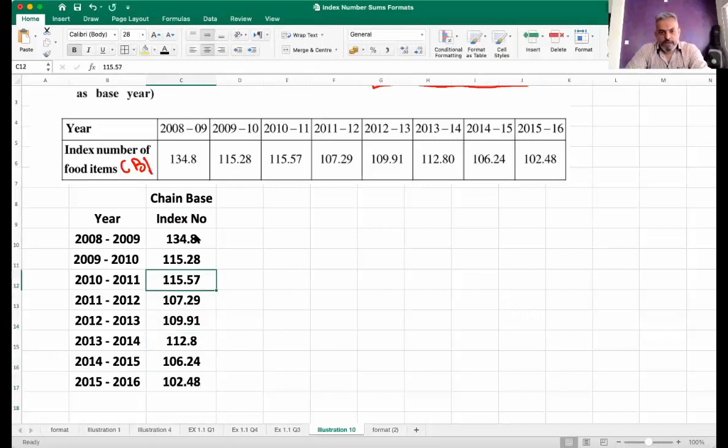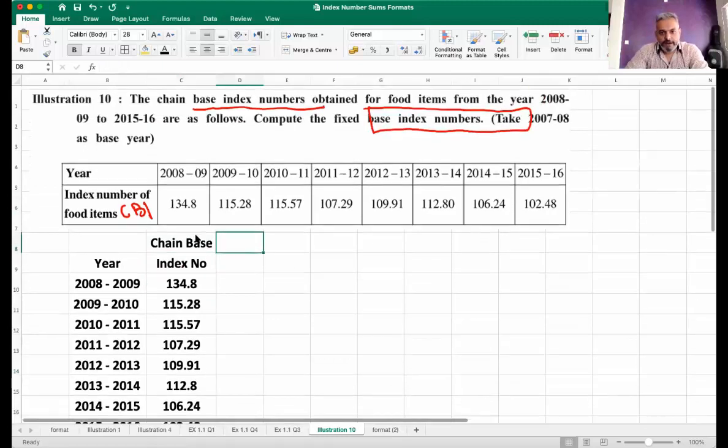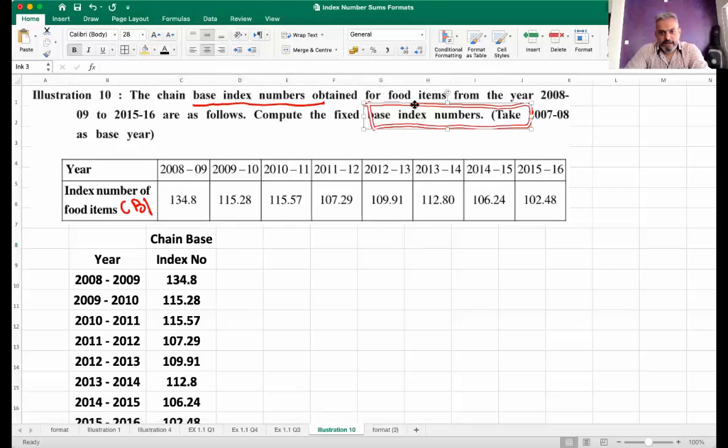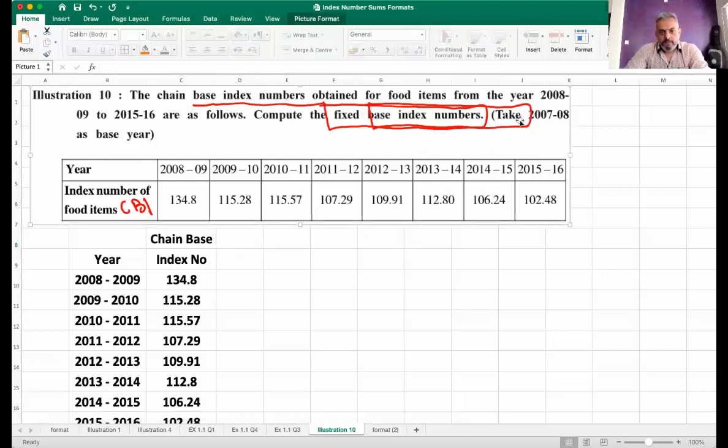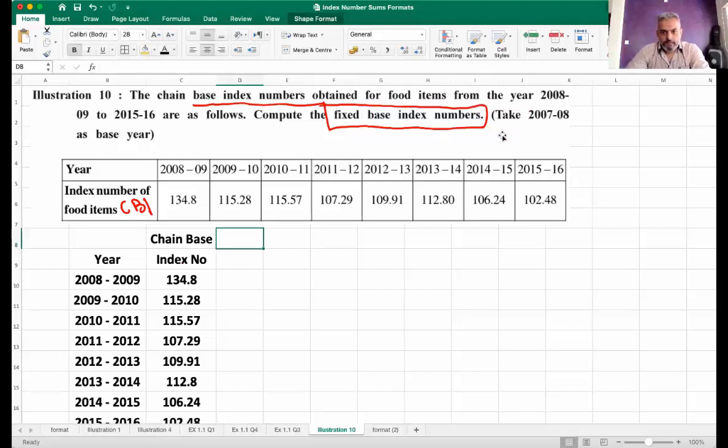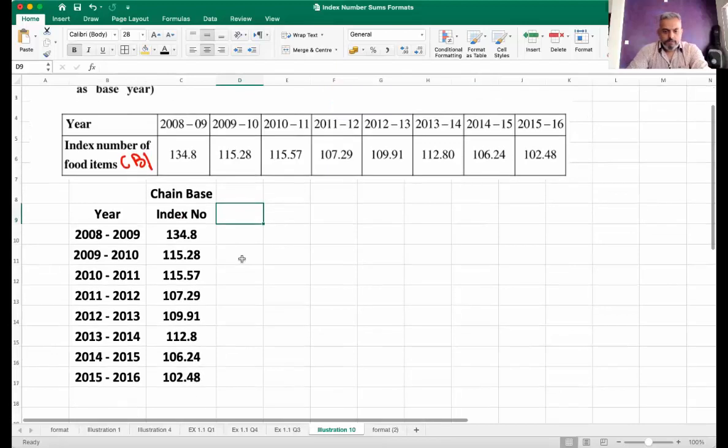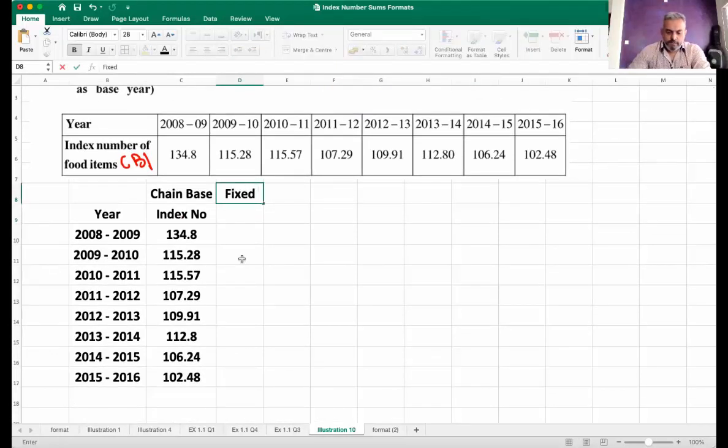So now we have the chain base index numbers with us. We have to find out the fixed base index number. Now, we write the formula first.